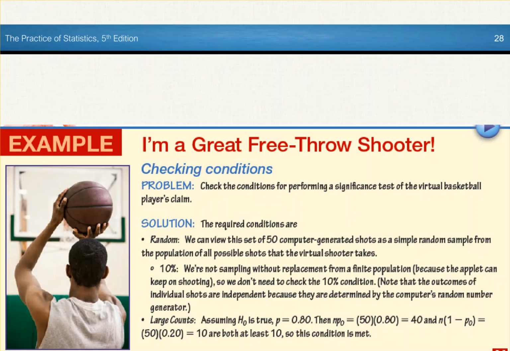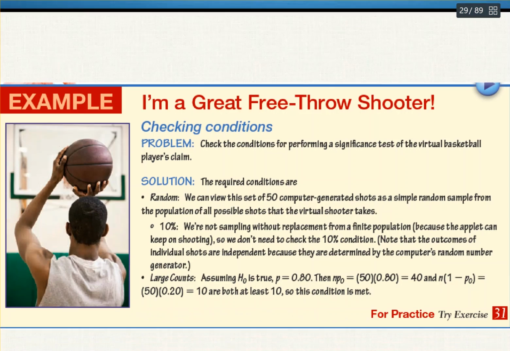Again, if we just had someone go and shoot 50 shots, that's not quite random because those are all on the same day. Maybe the shooter was sick, maybe they had something wrong with their muscle. Who knows? If we just had somebody shoot 50 times and they made 32, that's not random, so this analysis would not be quite as accurate.